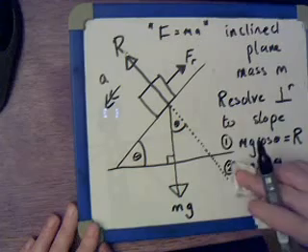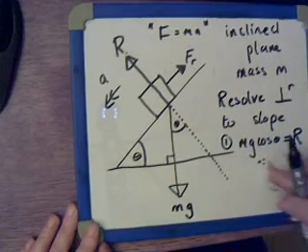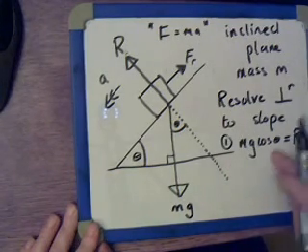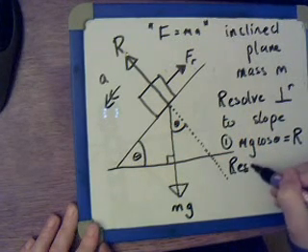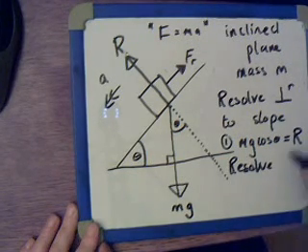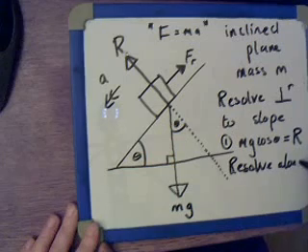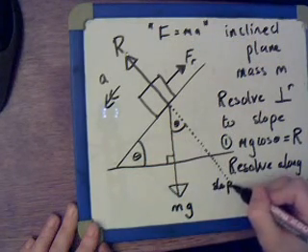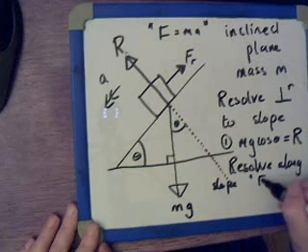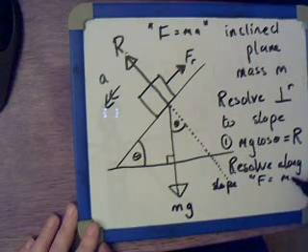I'm running out of space, so I'll rub that off and rewrite it. So this time we're going to resolve along the slope, and we're going to apply F equals ma.